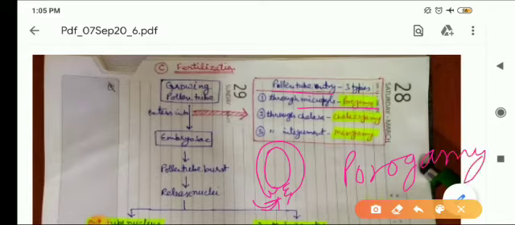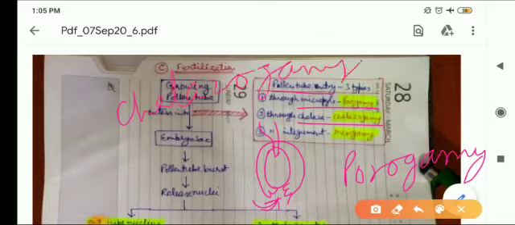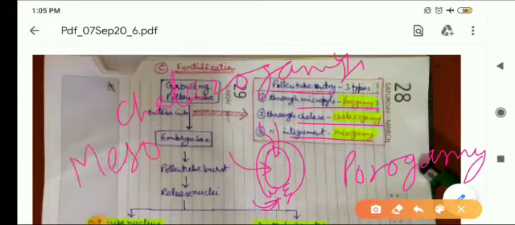When it enters through the chalaza, it is called chalazogamy, C-H-A-L-A-Z-O, chalazogamy. And when it enters through the integument, it is called mesogamy, M-E-S-O, meso, G-A-M-Y, mesogamy.